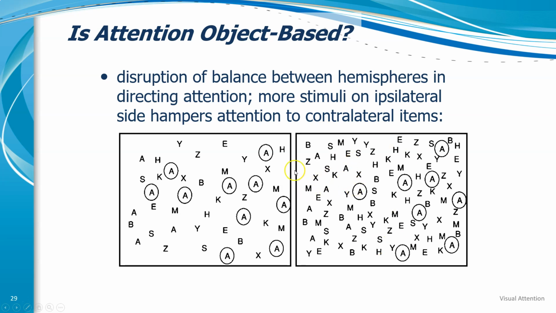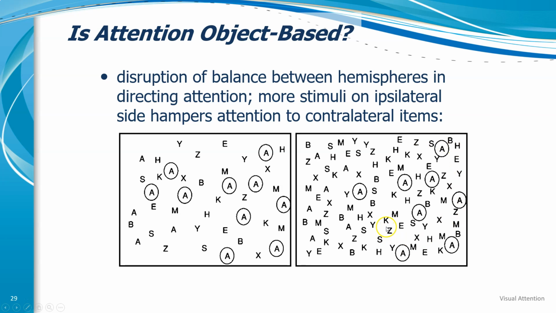So again, people are presented with just one of these at a time. So they would just get this one on the left. Now notice this person has circled a lot of the A's on the right side of the page, but very few on the left side. They're missing a lot of the letter A's on the left side of the page. They've neglected the left side of the page. Okay, take that sheet away. Now give them the sheet on the right.